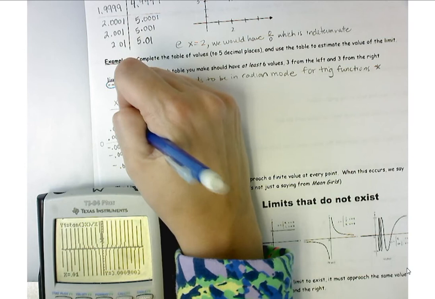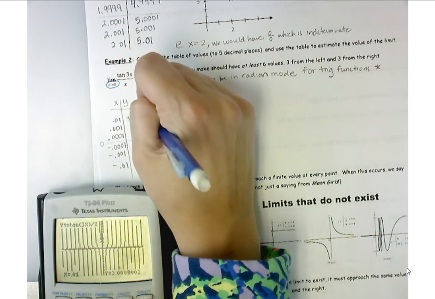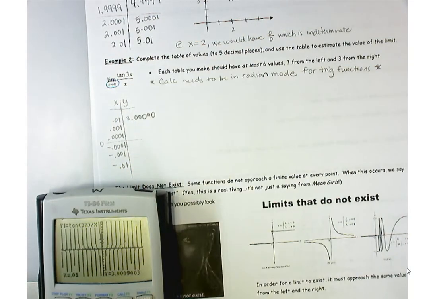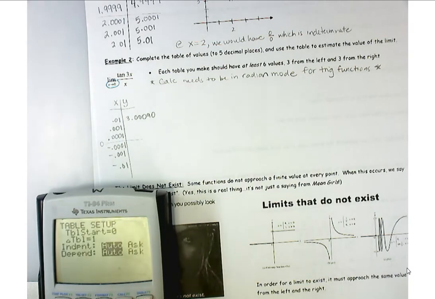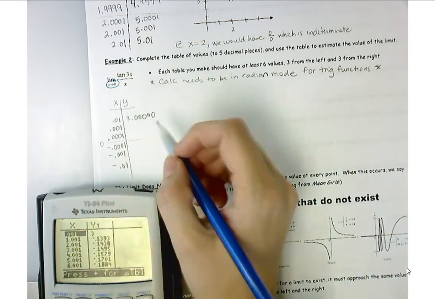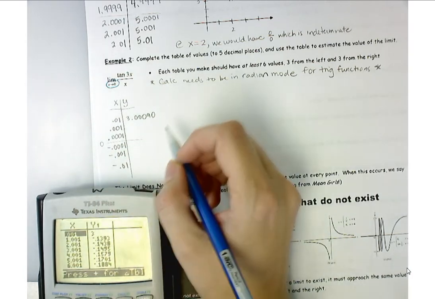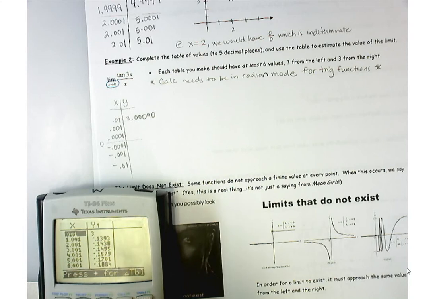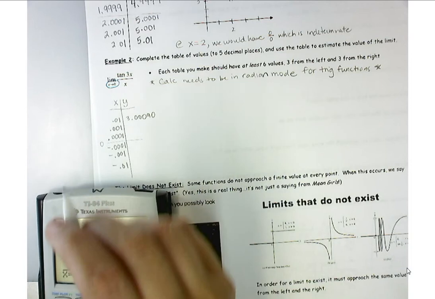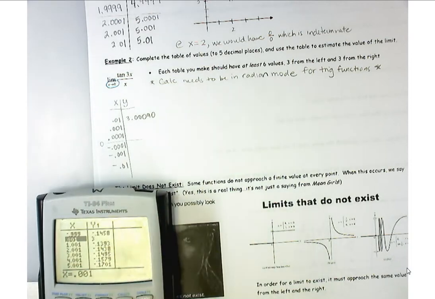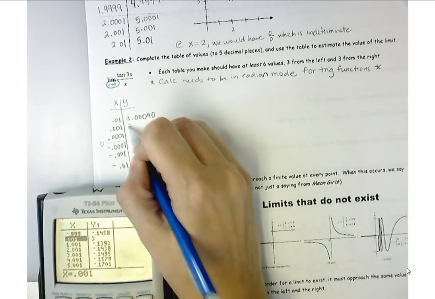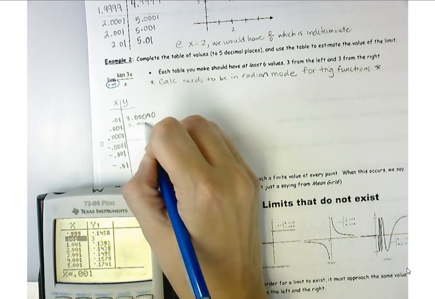So this is what we're going to round to 5 decimal places. Hey, if you're using your table, they might not give you all those decimal places. Let's look at what happens for 0.001. Okay, so for 0.001, if it's just 3, I'm going to do 3.00000.